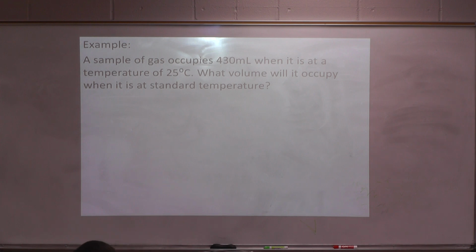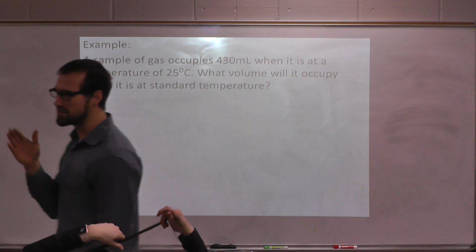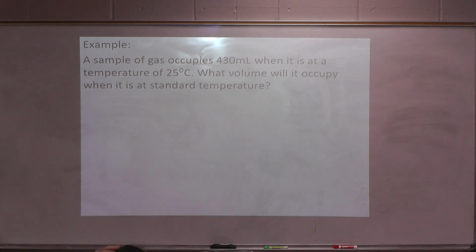Since this is a proportion, which is very much related to linear relationships, Kelvin is perfectly linear. It goes all the way down to the coldest temperature at 0 Kelvin, and then goes up proportionally. So temperature must be in Kelvin. You will not get the correct answer if you have it in Celsius, because it isn't a linear relationship. This is one of the main reasons why they even have the Kelvin scale: the ease of math for us.